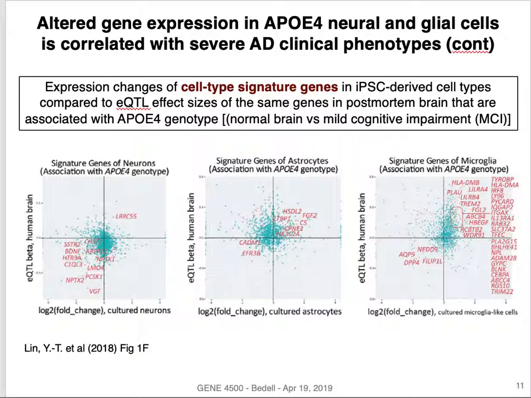But the ones in this lower left quadrant, is the relative expression in the postmortem brain samples higher or lower for these genes than in the iPSC-derived neurons? Are these higher or lower in the brain versus the neurons?